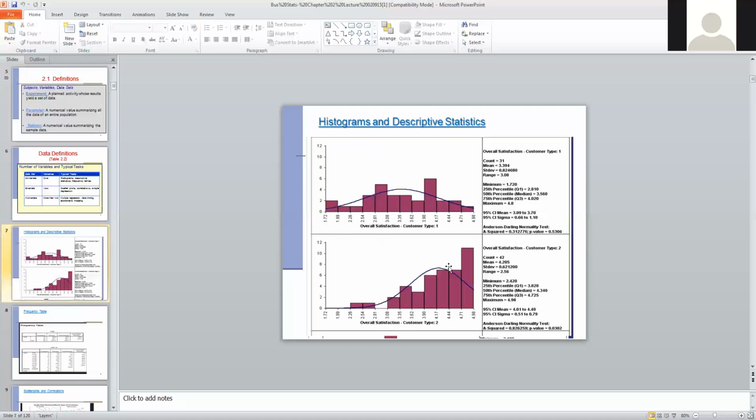So let's take a look here at what histograms are and descriptive statistics. A histogram is nothing more than plotting the data values in bar charts so that we can visually see how the data flows.